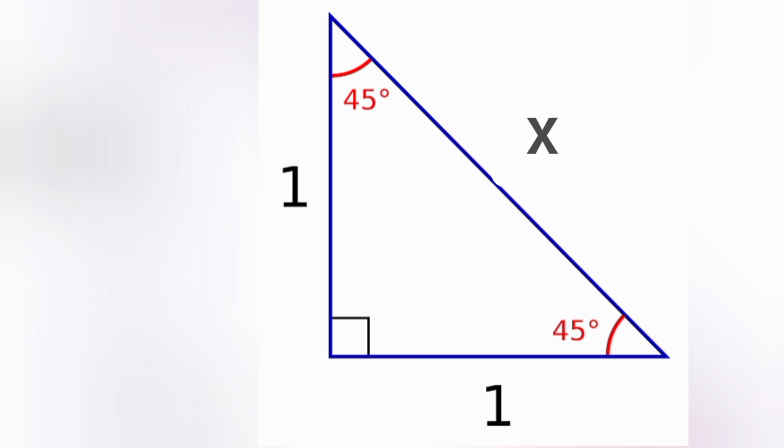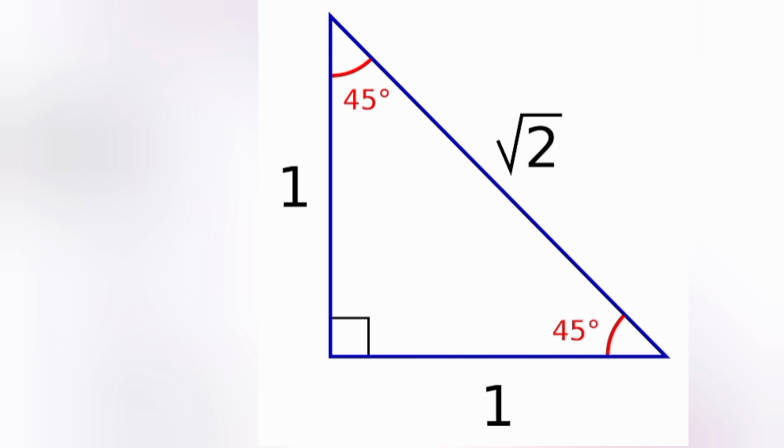And now we can use the Pythagoras rule to find the hypotenuse. Having done that, we arrive at the square root of 2. Now, with this, we can work out the sine, cosine, and tangent of 45 and 90.